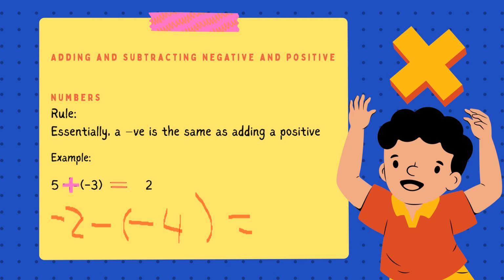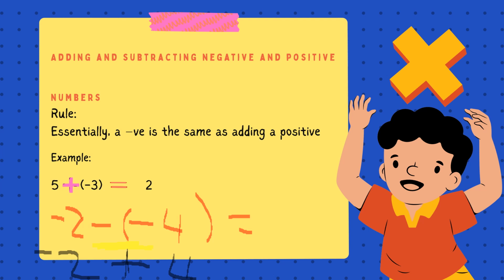Because the negative and negative are side by side, this can change to a positive. So it's negative 2 plus 4.